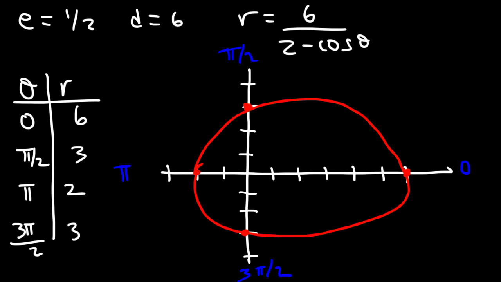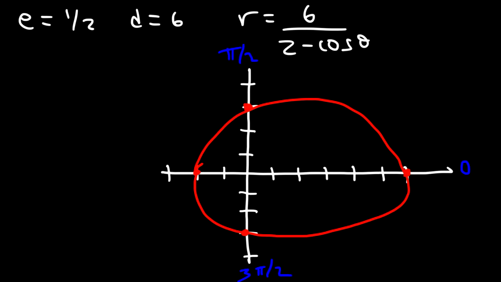Now we need to plot the directrix. It's d units away from the focus. And so for this type of equation, if you have a negative sign, it's going to be x equals negative d. And we can see that d is 6, so it's x equals negative 6.